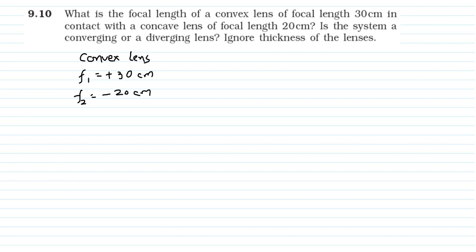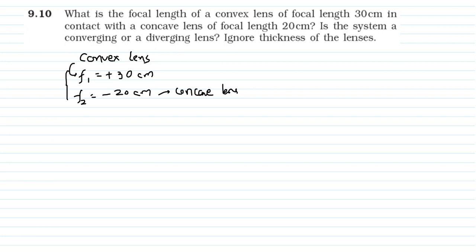Okay. So here we will use the combination of lenses. This is the convex lens and this is the concave lens. So for a combination of lenses, you can say 1 upon f is equal to 1 upon f1 plus 1 upon f2, right.